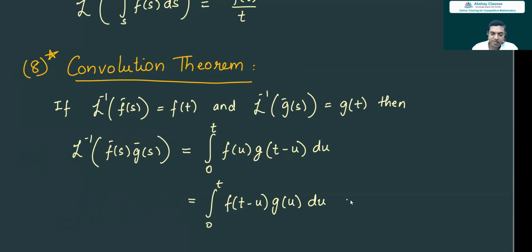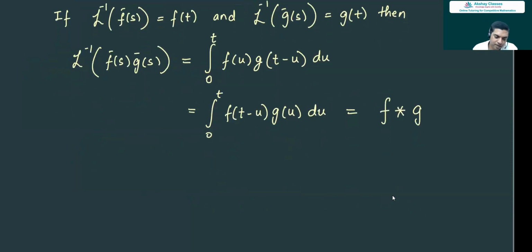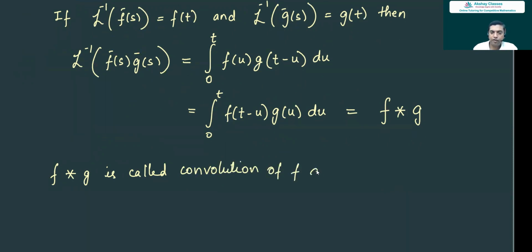This is also denoted as F star G. So F star G is called the convolution of F and G. So let's see how we use these properties in the problems.